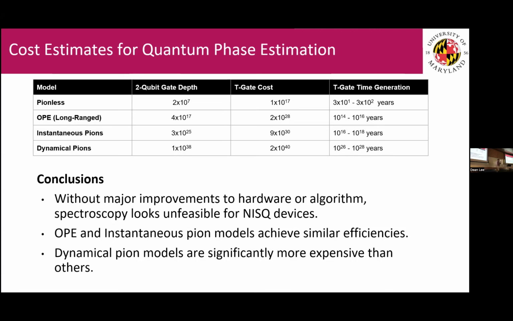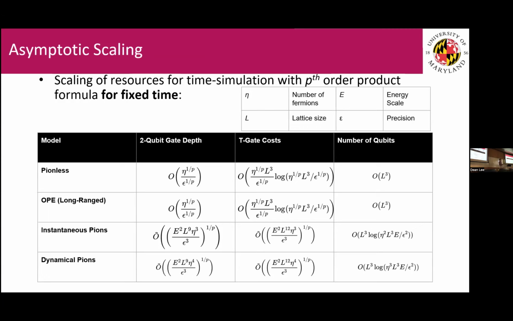I'm actually kind of curious about the scaling, especially how it relates to this. Could you talk about it, and in particular, were there any features of the scaling that indicate the dramatic growth in costs associated with the dynamical pion? Yeah, that's a really good question. This is something that we really struggled with when doing these resource estimates.